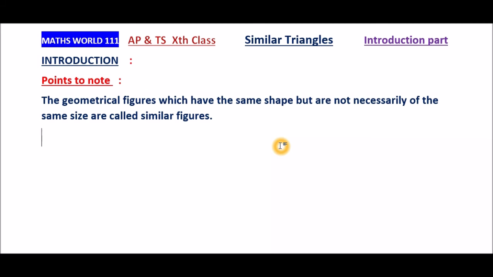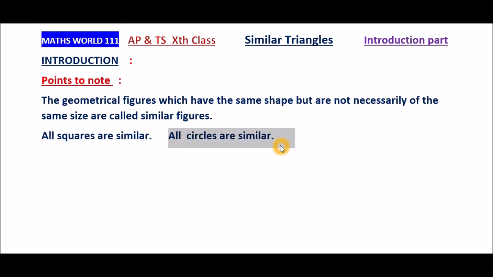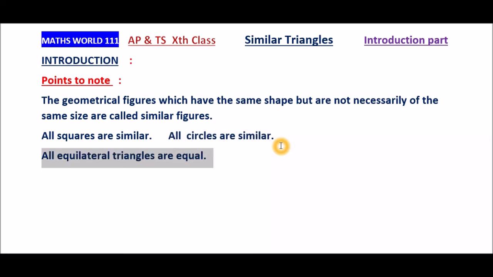They are called similar figures. The second one, all squares are similar. The third one, all circles are similar. The fourth one, all equilateral triangles are similar. Coming to triangles, the angles may be different. So in particular I am saying all equilateral triangles are similar.